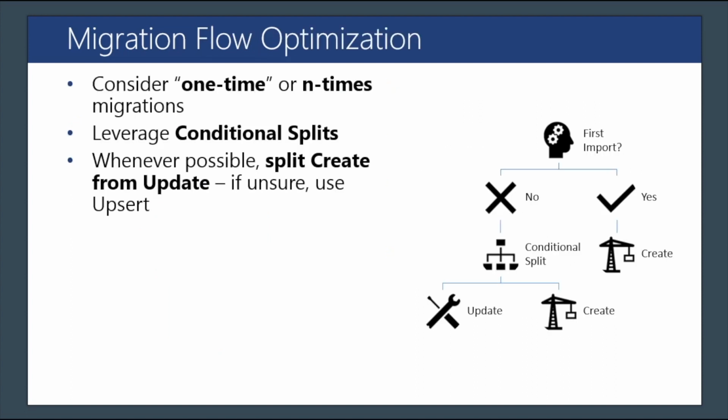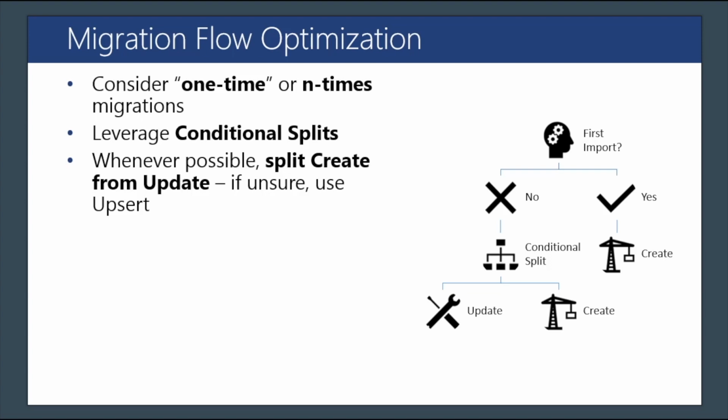Then, coming back to that other topic of migrating one time or multiple times. If you're considering delta, so migrating one big shot and then one or multiple additional times, you may consider leveraging conditional splits.